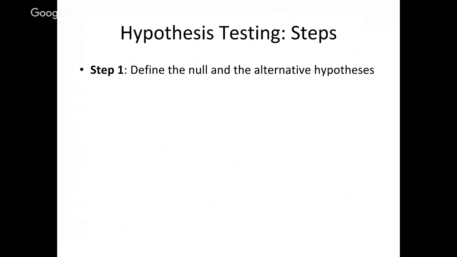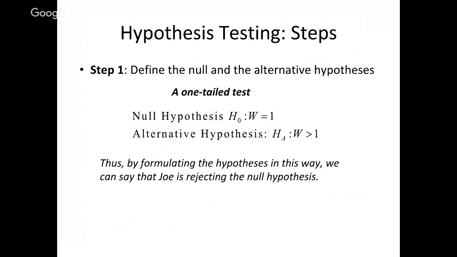Let's go through the steps we just outlined and apply them to Joe's example. The first thing we need to do is define the null and alternative hypotheses. We could imagine doing this as either a one-tailed test or a two-tailed test. In the case of a one-tailed test, the null hypothesis is that W equals 1.